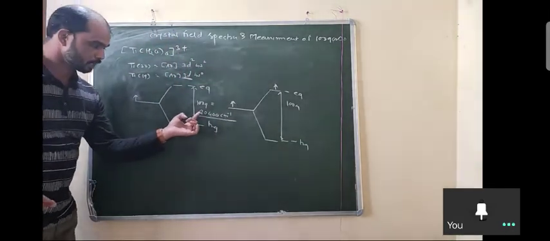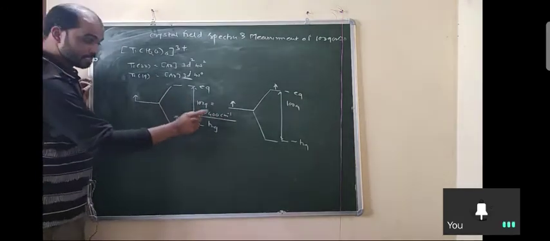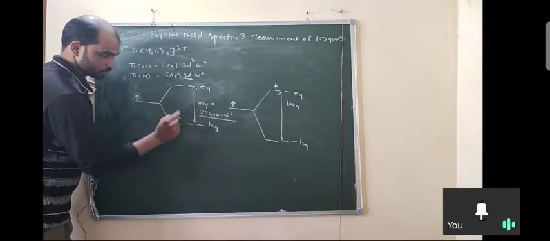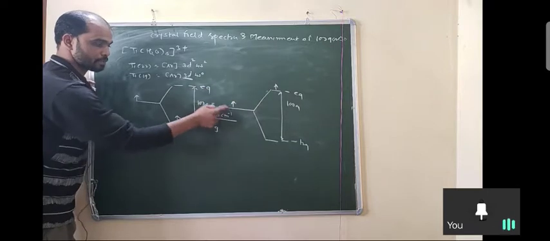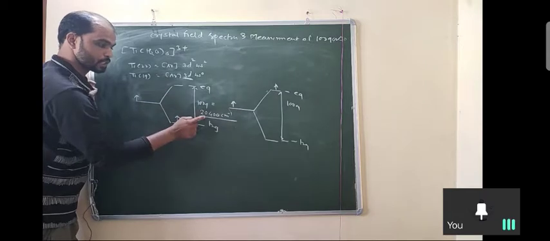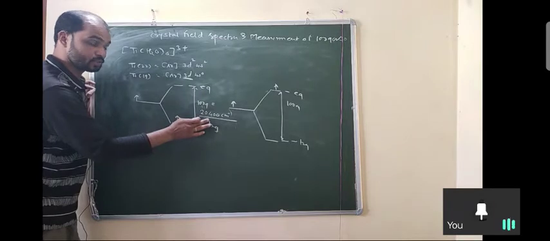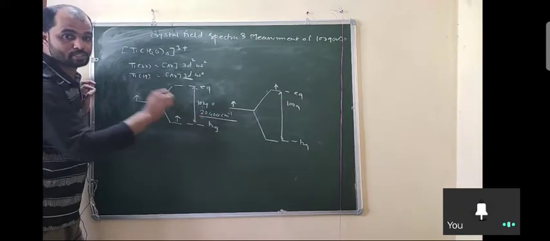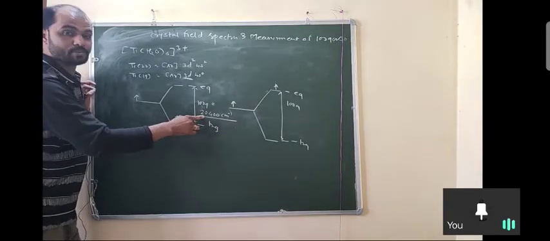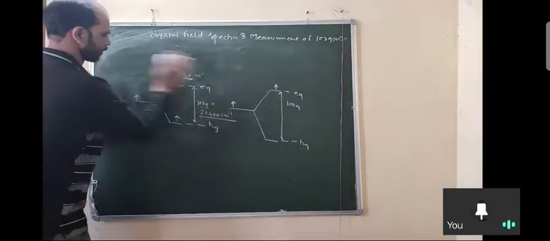How much? 20,400 per centimeter is the frequency required to promote the electron from t2g to eg. So this is the absorption band. If we know this value, we can calculate the 10 Dq value, because 10 Dq is equal to this, but actually it is an absorption band, it is not the 10 Dq value itself. So once we know the absorption band, we can calculate the 10 Dq value for any complex. How do we calculate it?